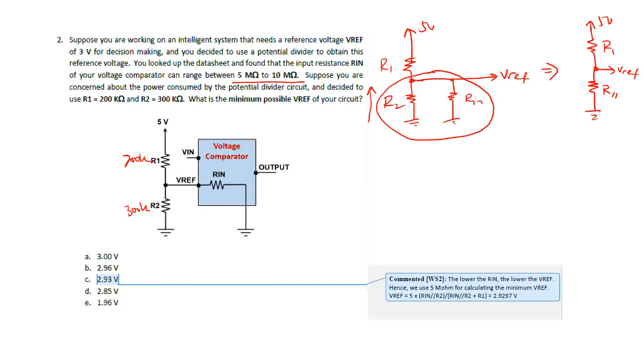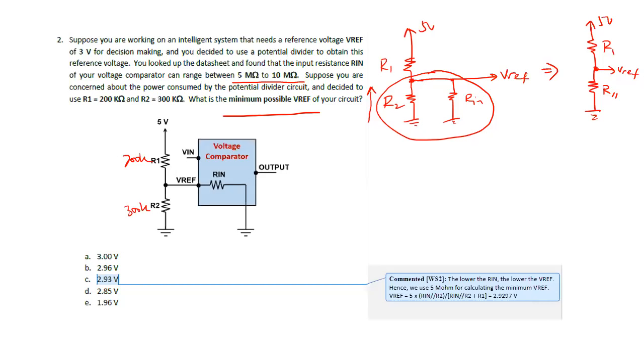And what I want is the minimum possible Vref, correct? If I want the smallest Vref, the R parallel must also be the smallest possible resistance, because this is the voltage divider rule.